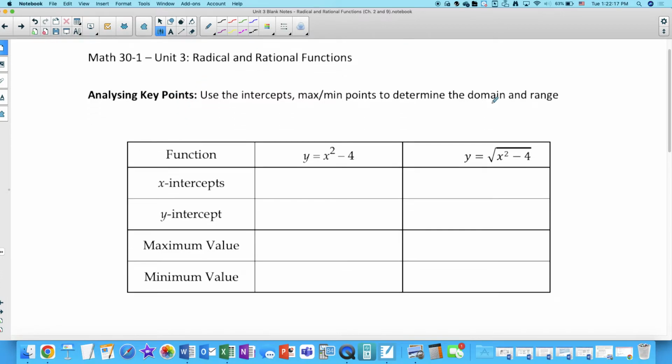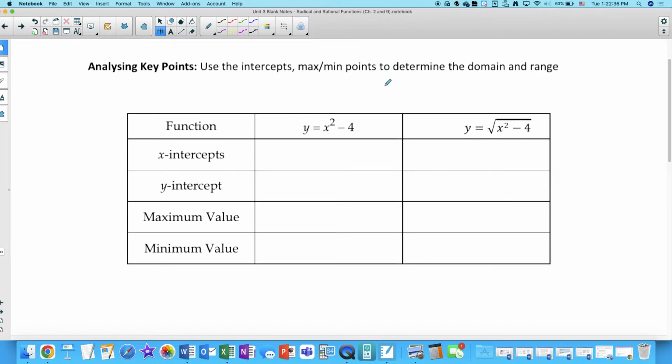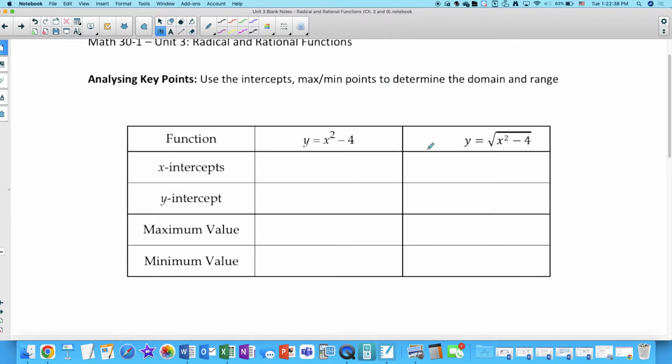Okay, so I sort of did this a little bit, but using key values can really, really help to firstly determine the domain and range and actually graph the one from the other. Okay, so X-intercepts. X-intercepts occur when y equals 0. Will the X-intercepts change?